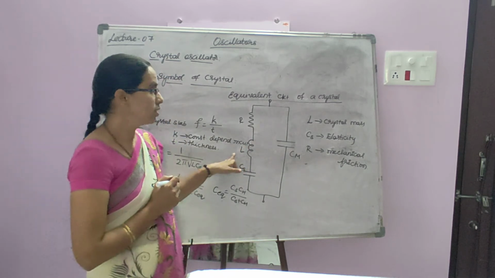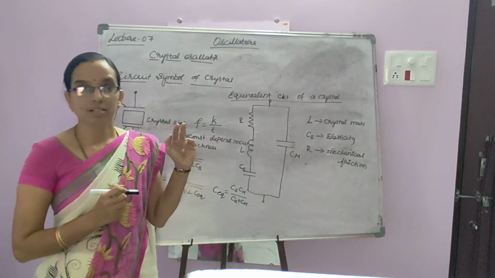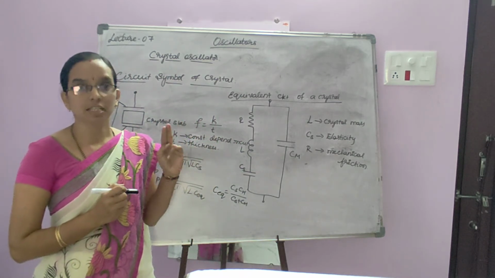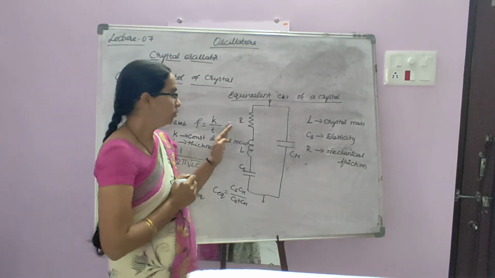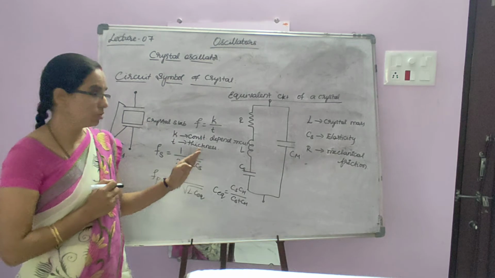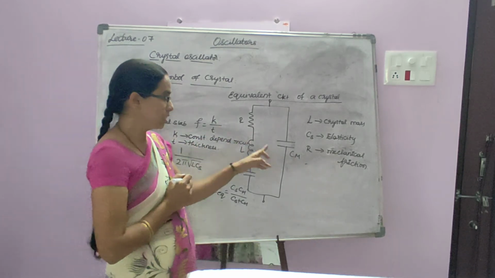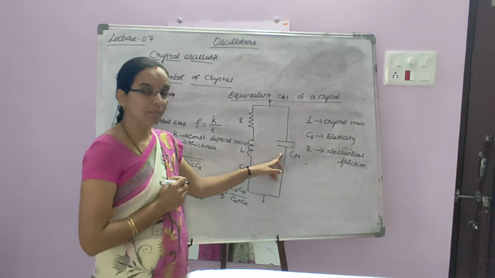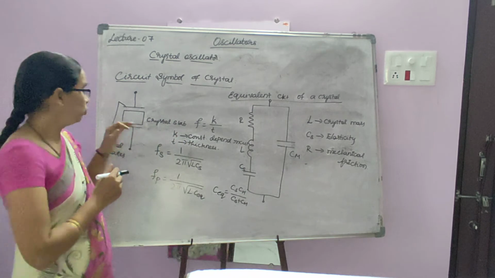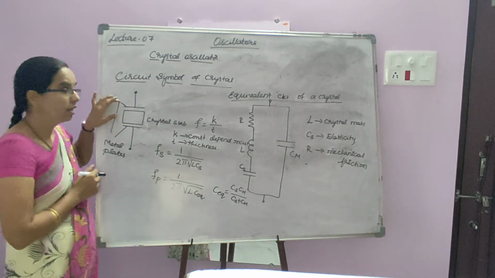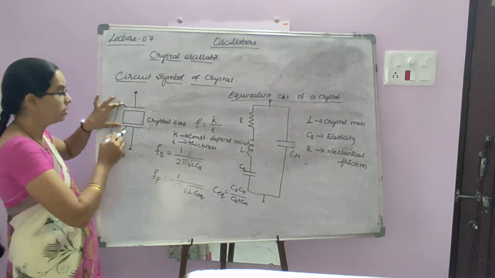The crystal oscillator is going to operate at both Fs and Fp, that is, the series resonant frequency and the parallel resonant frequency. In this equivalent circuit assumption, whenever the crystal is not vibrating, it behaves as a capacitor Cm, which is created by the two metal plates of the crystal slab, and the dielectric is the crystal slab.